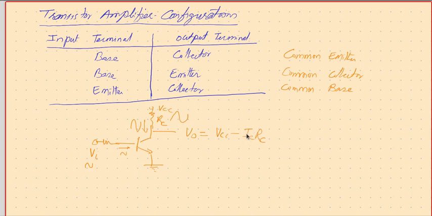This large change in voltage across RC will create a large change in output voltage. Only thing is this has a negative sign. So if the input was like this, then we have the base current changing like this, the collector current also changing like this, and the voltage across RC is also changing like this.